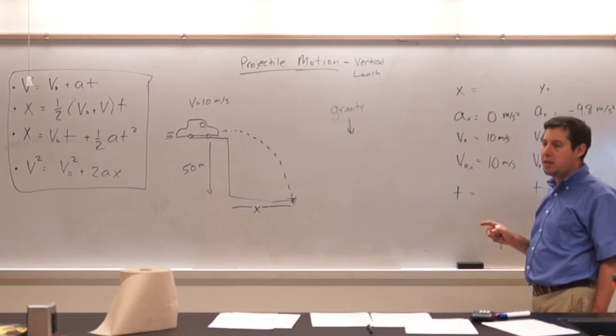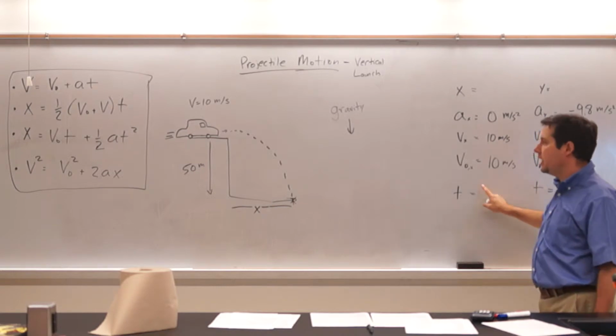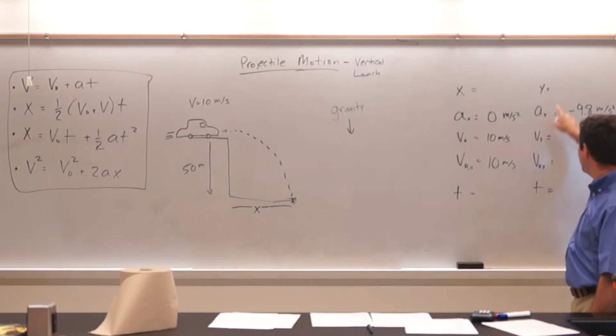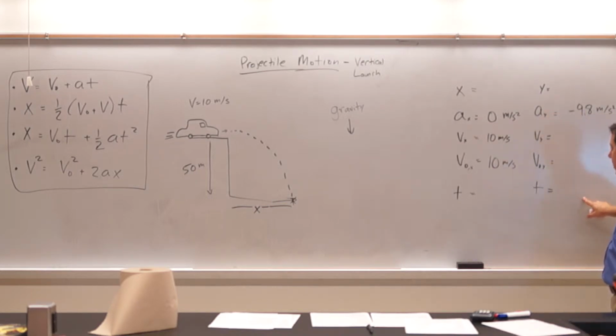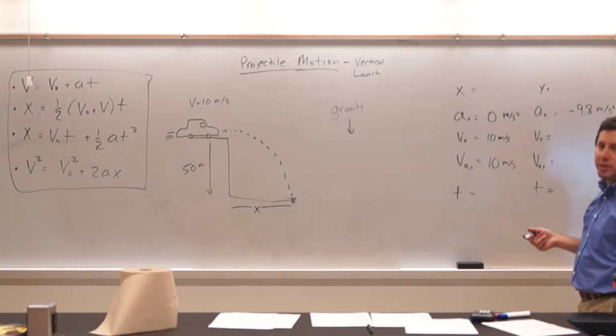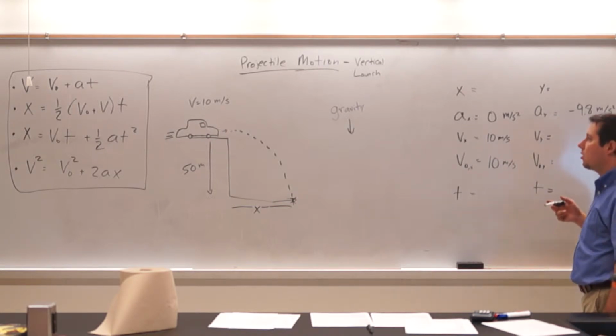Despite the fact we have 3 variables here, we cannot solve for x. This is one of those rare occasions where you need more than 3. We need to find the time. In order to find the time, we need to solve this side right here. So let's figure out what we know. Initially, the car is moving at 10 meters per second, but that motion is all completely horizontal.